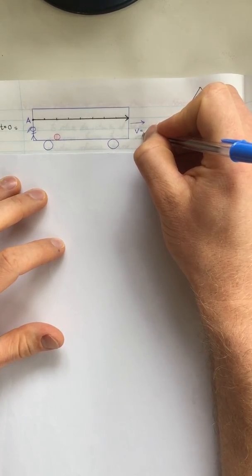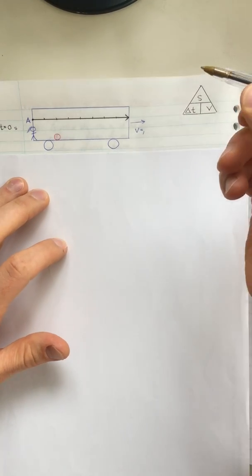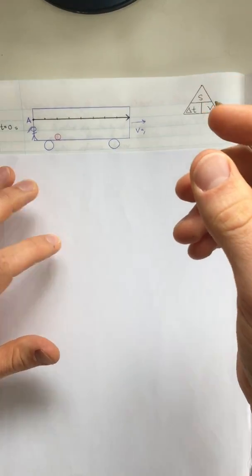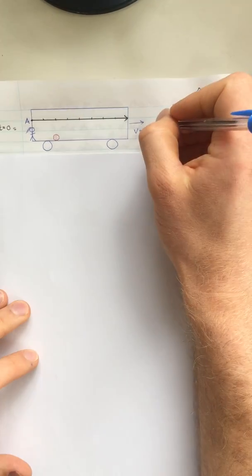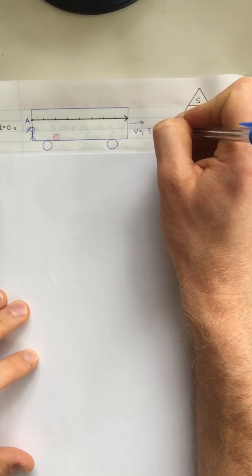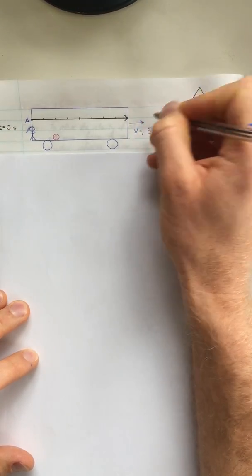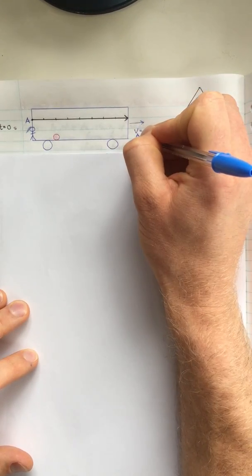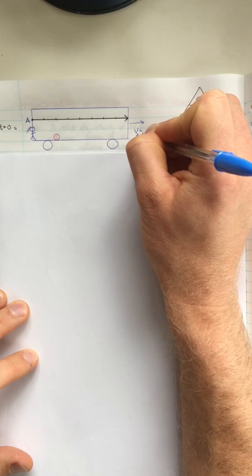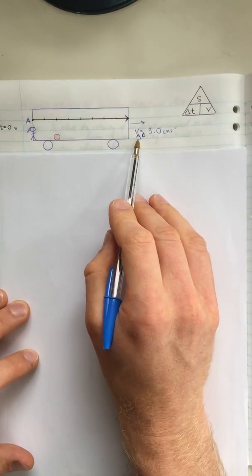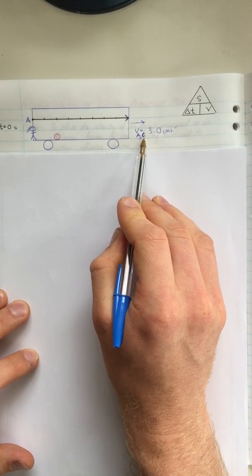So Amanda in the train and the train itself are going to be moving with a speed of 3 meters per second, say. 3 centimeters per second, I should say. So I'm just going to use some notation here. I'm going to say V_A,C. Now what I mean by that is velocity of A relative to C.